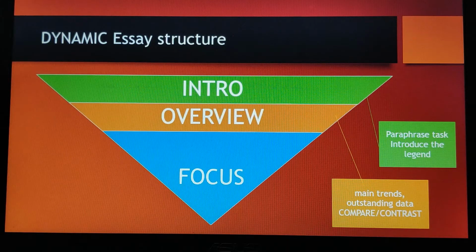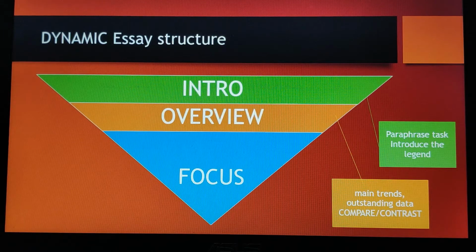You don't look at what is in the middle. You just look at point A and point B. And also you look at outstanding data. Outstanding data is the highest point, or the lowest point, or something that draws your attention for the first time.